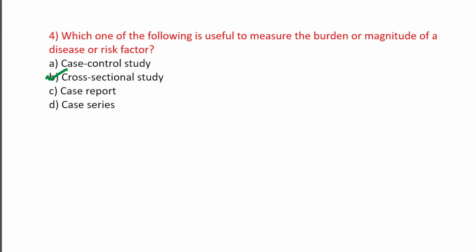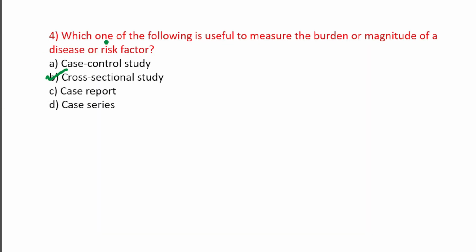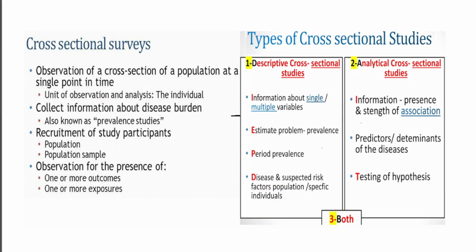Okay, now how does it go? In the question, once again, they have asked which one of the following is useful to measure the burden or magnitude of a disease or a risk factor. Now in this chart, there are two types of cross-sectional studies. One is a descriptive type of cross-sectional study, another one is the analytical type of cross-sectional study. Now let us see whether our options will fit in this or not.